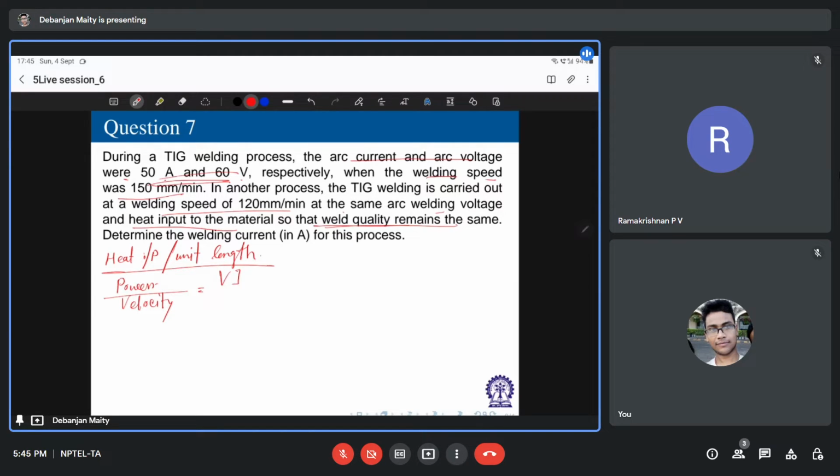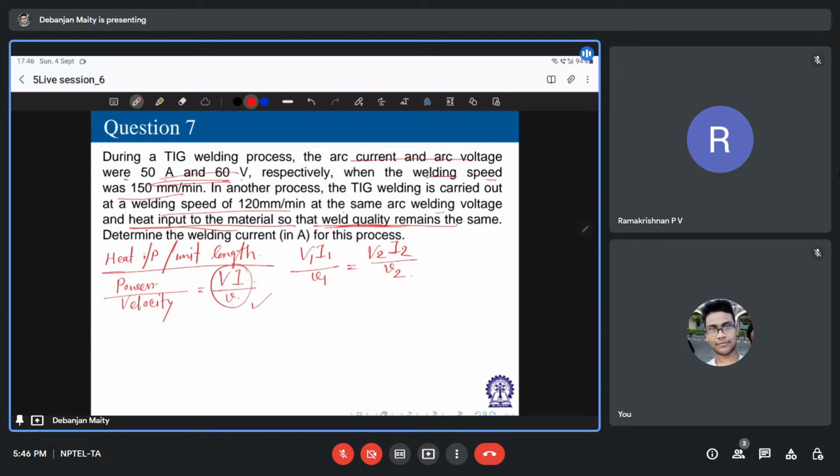So voltage into current divided by the velocity. Now it says that heat input to the material remains the same so that the weld quality will be the same. So if the heat input is the same, it will be simply V1 I1 by v1 equal to V2 I2 by v2.